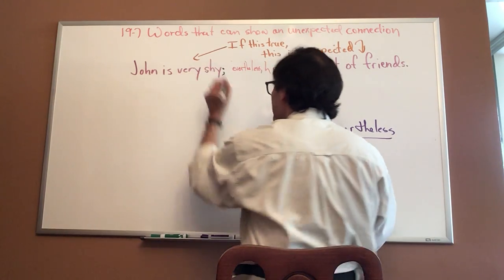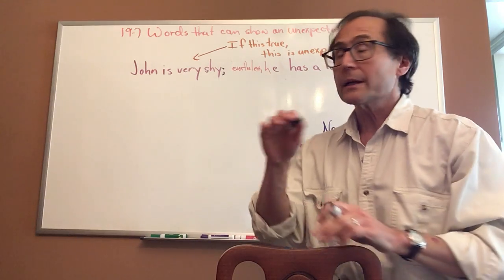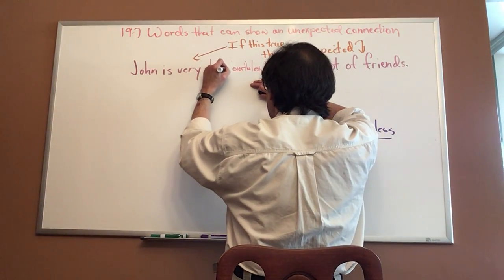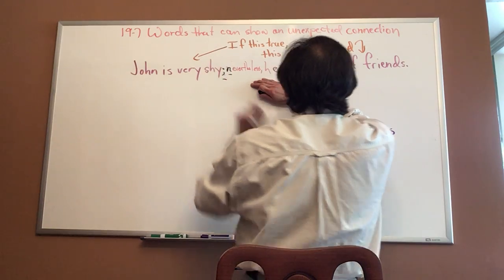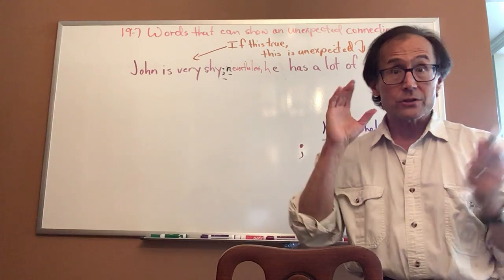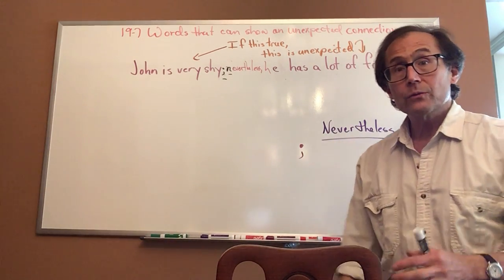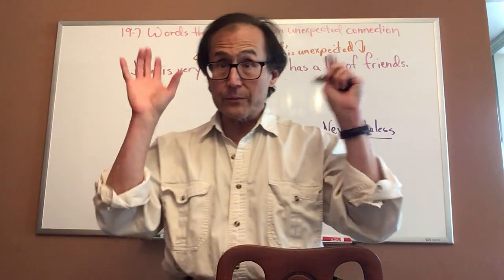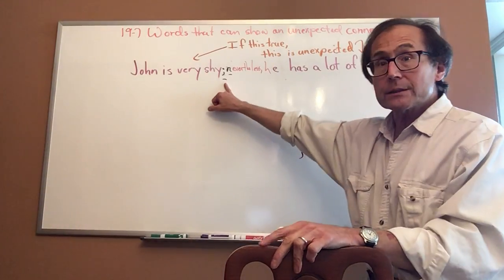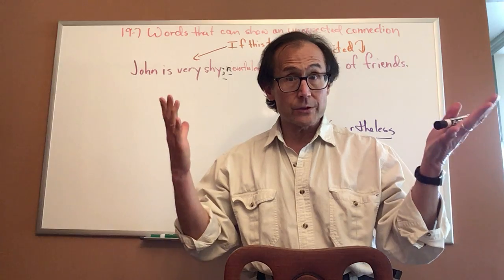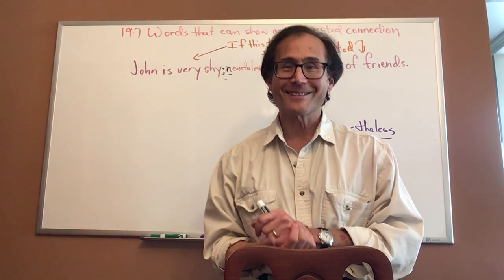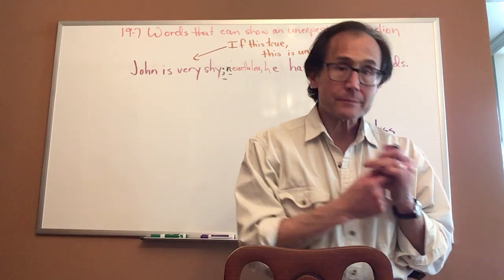Let me check on the video, is that clear? Yeah. John is very shy, semicolon, small n, nevertheless, he has a lot of friends. And that is also fine. So with nevertheless, I can either keep them two separate sentences, or I can join them with a semicolon. Both ways are good. Okay? All right.